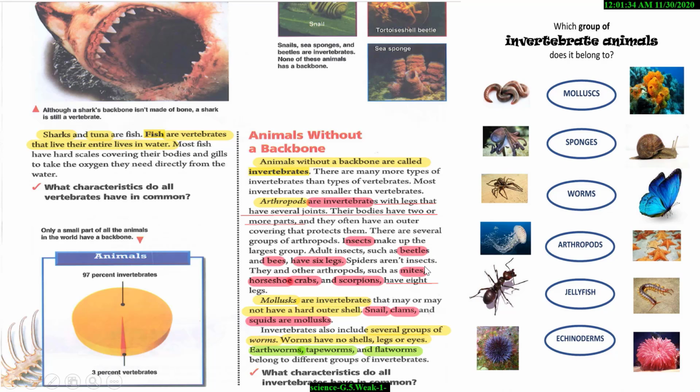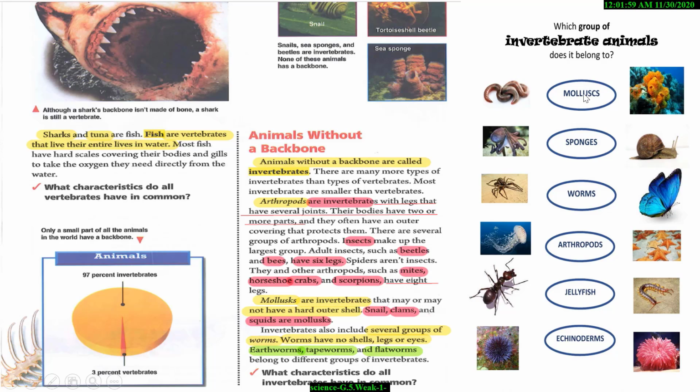Spiders aren't insects, but they are in the group of arthropods, and other arthropods such as mites, horseshoe crabs, crabs and scorpions. These have eight legs.